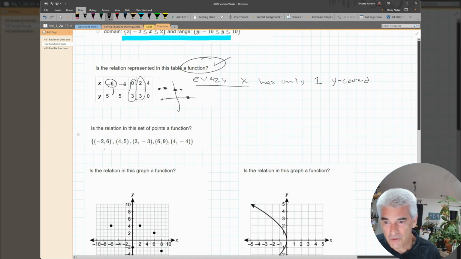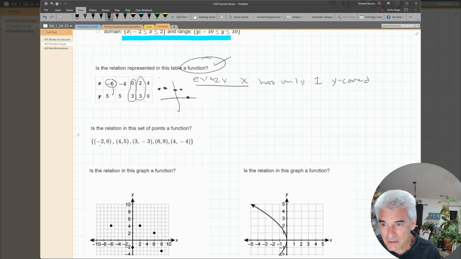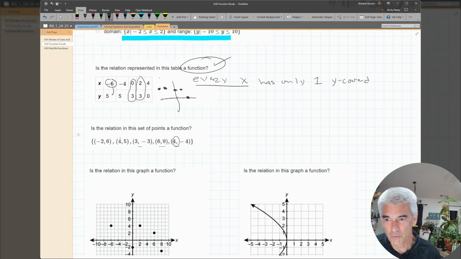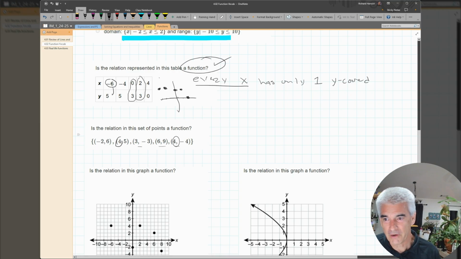How about this? So what I'm going to do is speed this up. I'm going to look at all my x's, see if there's any point that uses the same x. So -2, are any of these using -2? No. Okay. This one uses x equals 4. Does any other point have that x coordinate? Yes. This one here. So this is an example where when I plug in 4 for x, I get 5 sometimes.